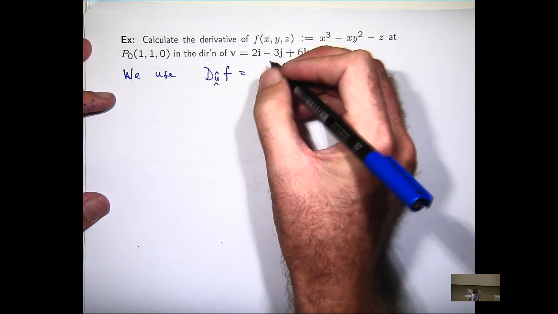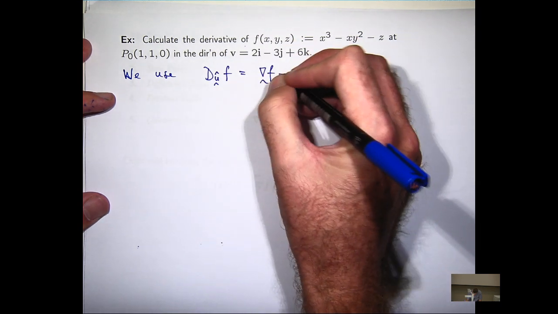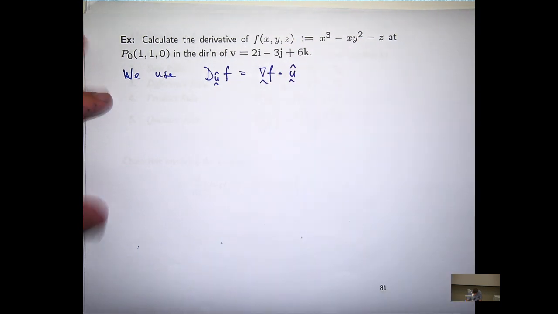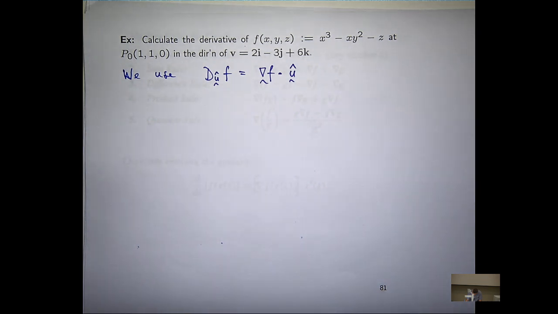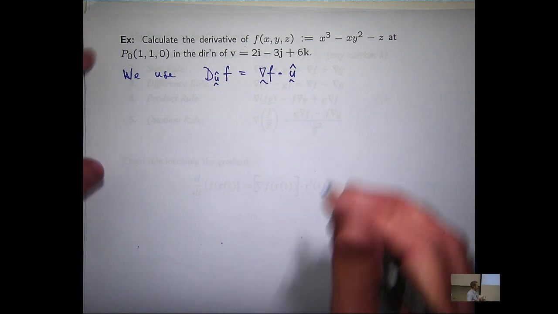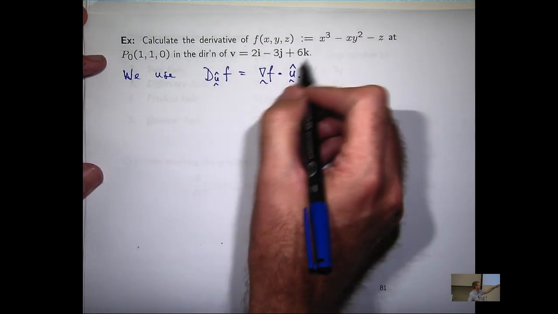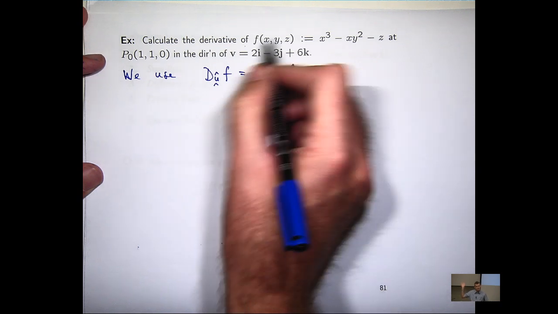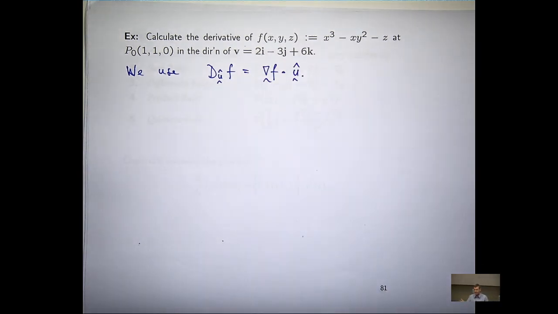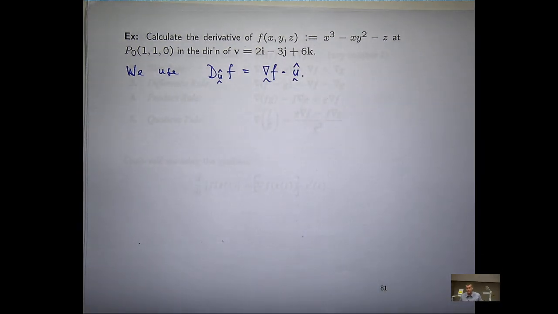So D_u f is just the dot product of these 2 vectors. Of course, dot product makes sense when we have vectors in 3 dimensions, no problem. So let's compute the components. Firstly, is this a unit vector? Is it? No, it's not.